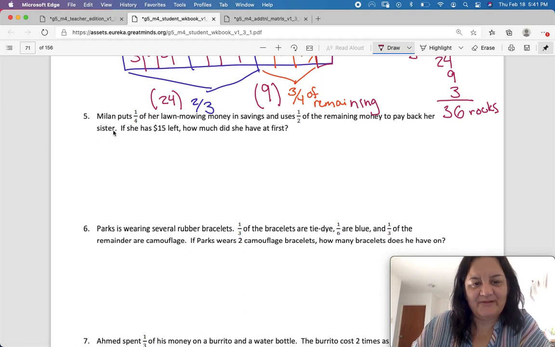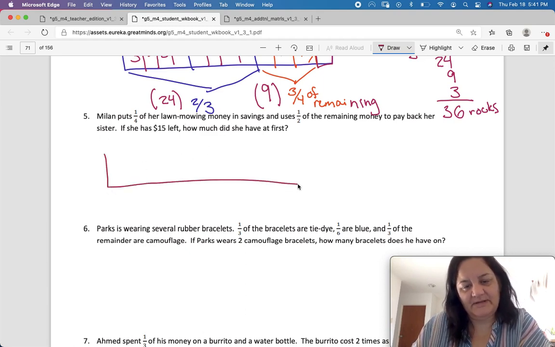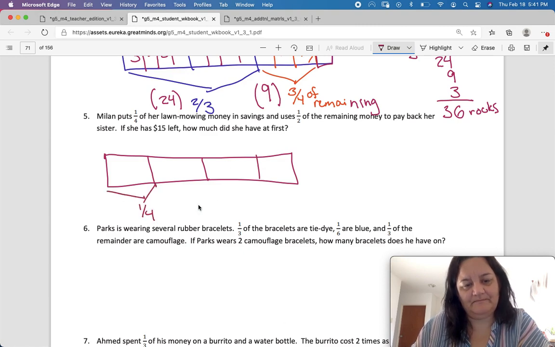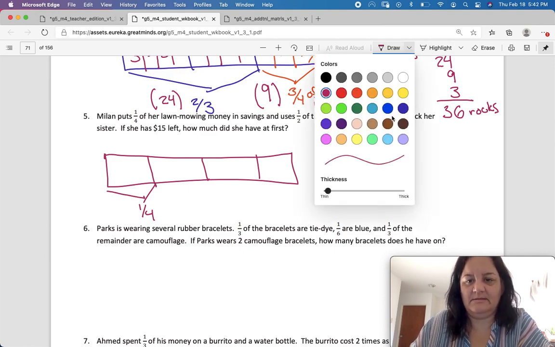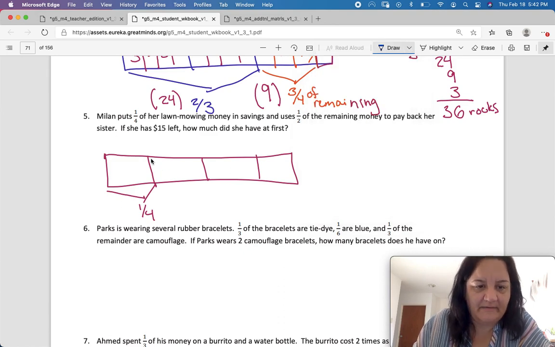Milan puts 1/4 of her lawn mowing money in savings. Okay, so here's her lawn mowing money, and she put 1/4 of it into savings. And uses half of the remaining money. So here's my remaining. It's this section here.